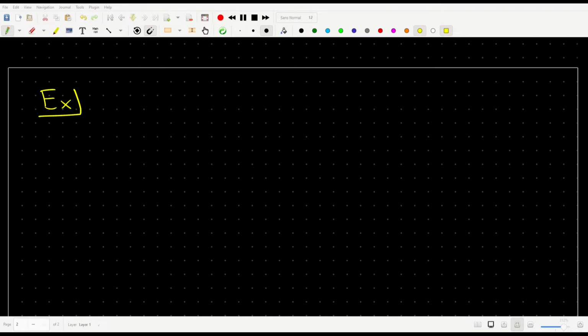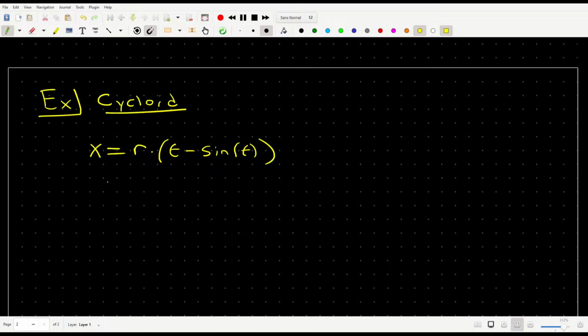For the next example that I want to consider, I want to show you what is called a cycloid. So the parametric equations of a cycloid are given by the following functions of x and y. x is going to be equal to r times (t minus sine of t), and y is going to be equal to r times (1 minus cosine of t).